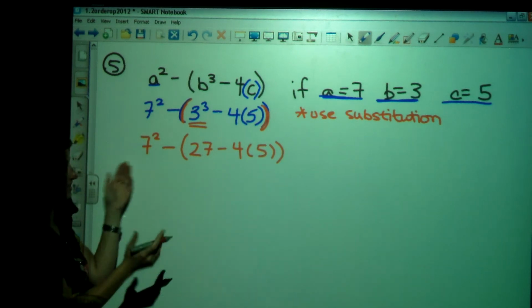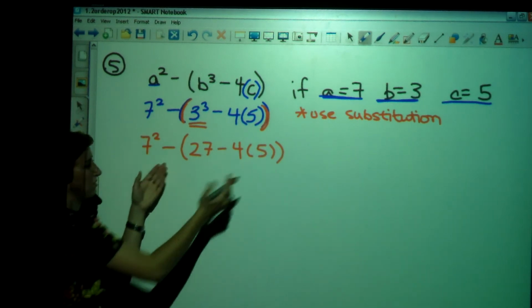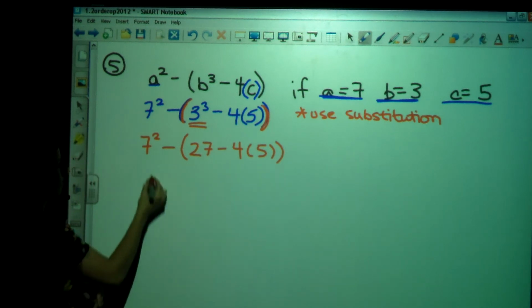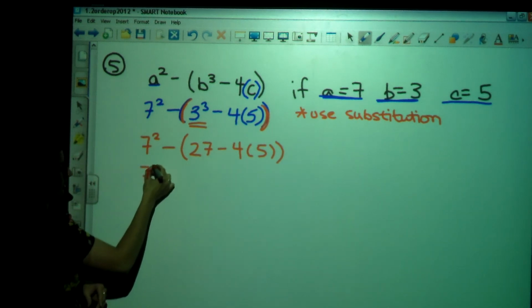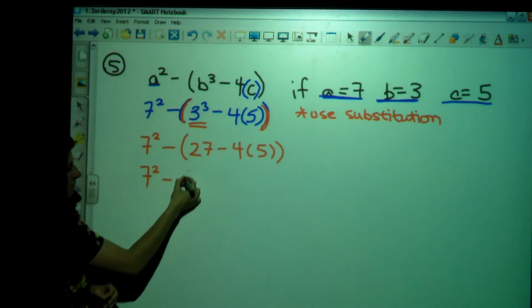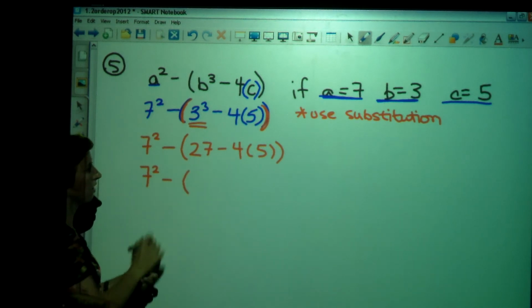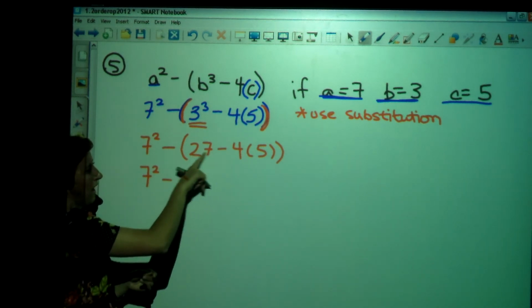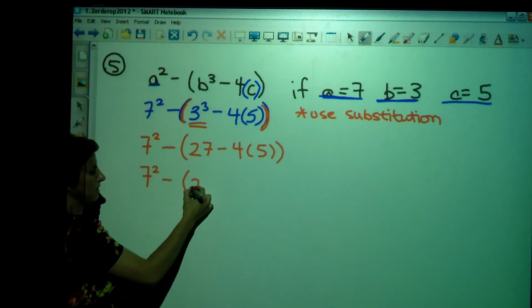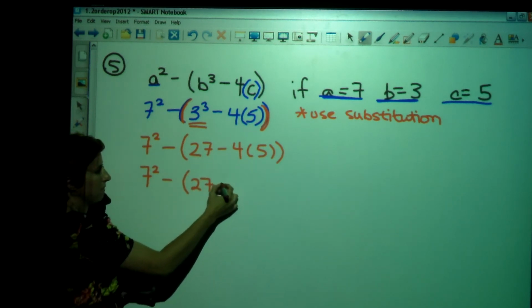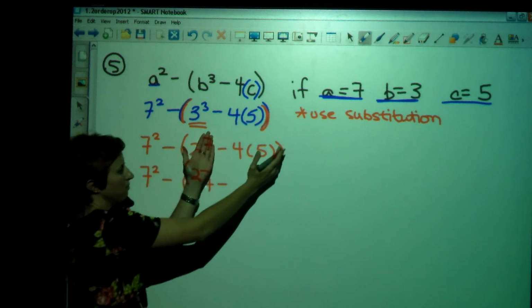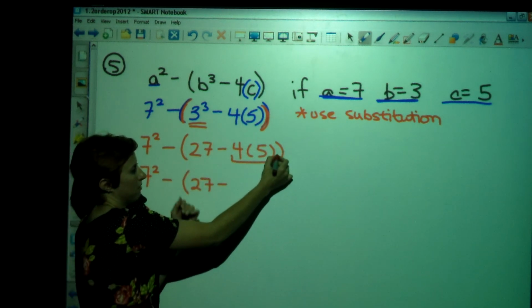So same thing, I still am in step 1 because I still have a parenthesis. So now I'm going to drop down my 7 squared again, minus, then my parenthesis. 27, nothing happens to him because he's just by himself now, so he drops down, minus, and I can do my 4 times 5.